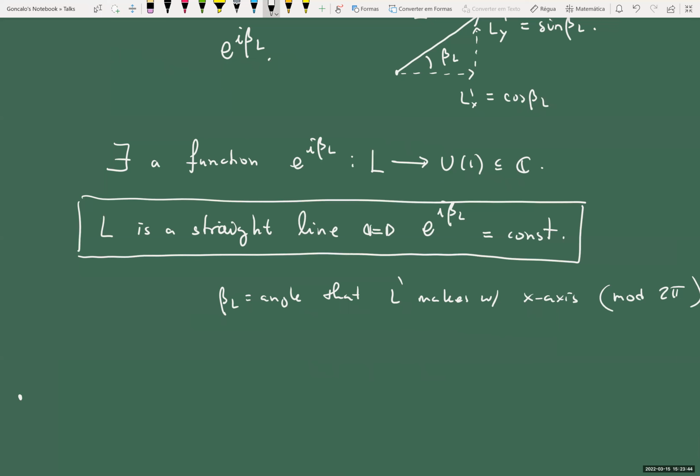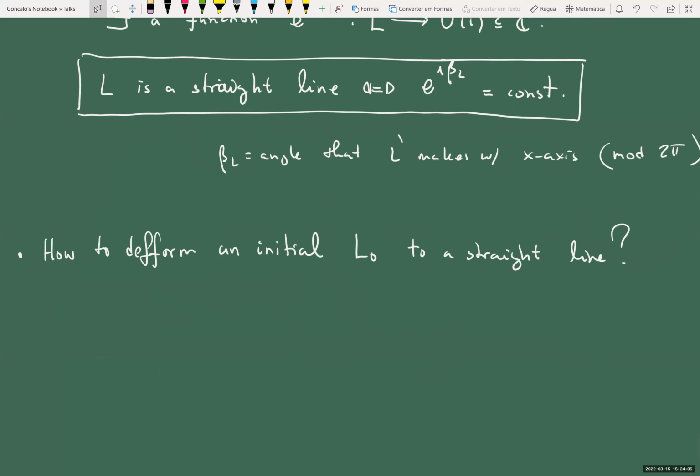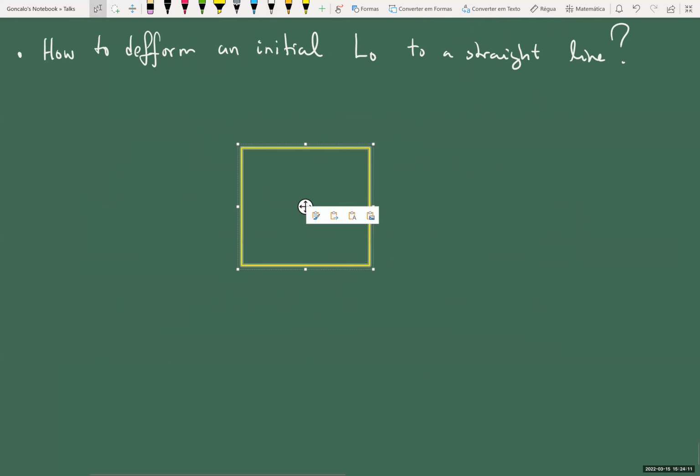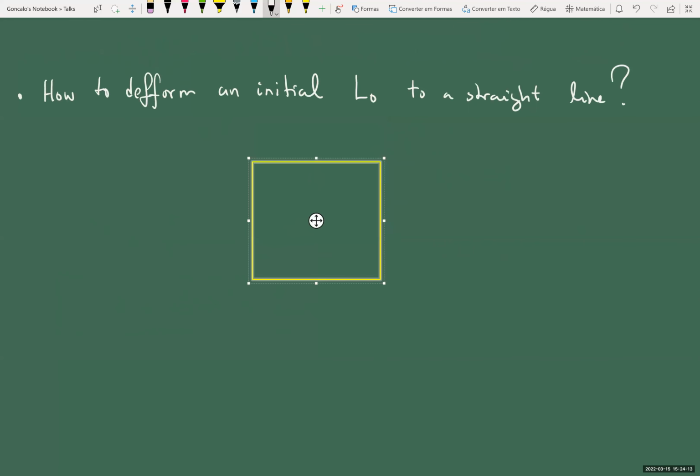And then the second thing that I want to tell you is how to deform an initial L naught to a straight line. Okay, so I'm going to draw a picture here.